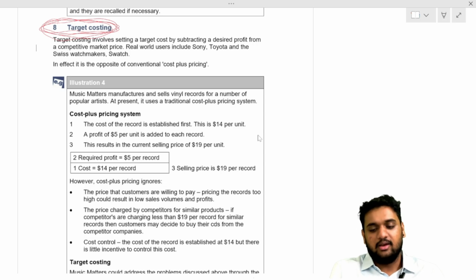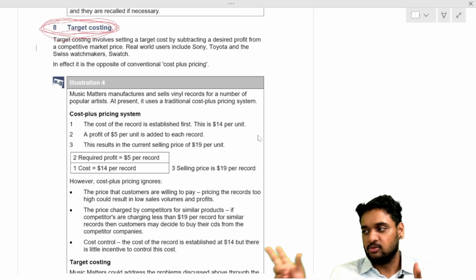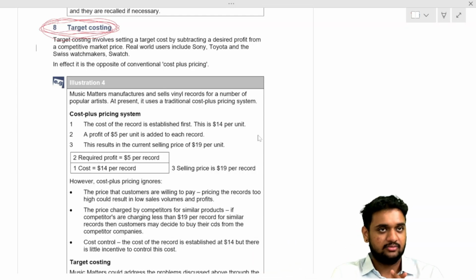Based on my restaurant, whatever my competitors are charging, that only I should charge. If I charge more than that, they will not come. So that is my target selling price. I should ensure I don't cross that selling price. My target selling price is 160 rupees, which I saw for my competitors.